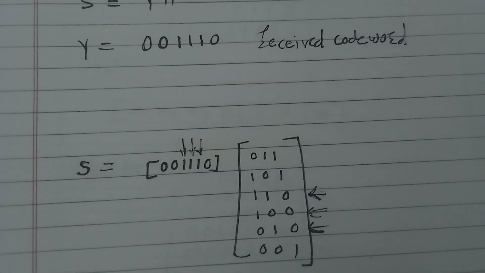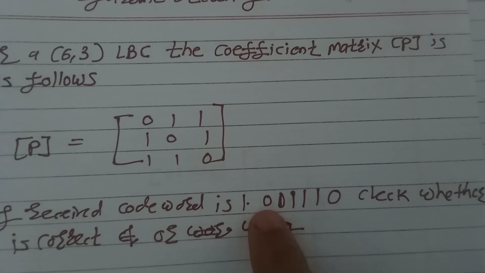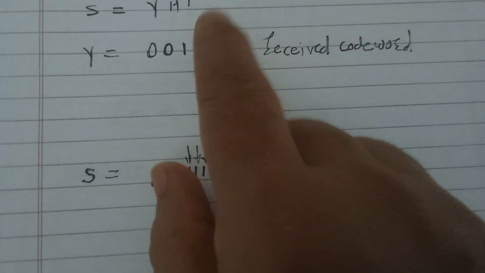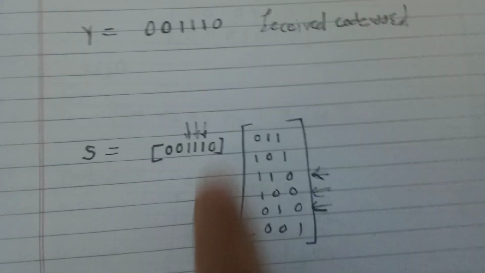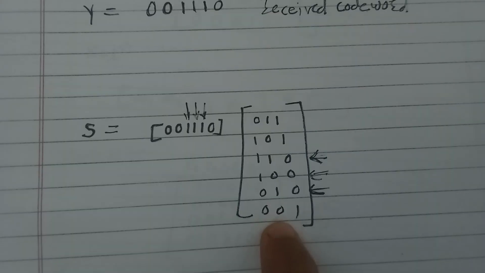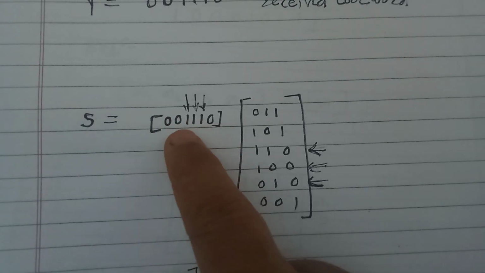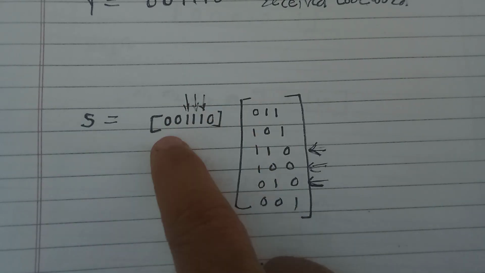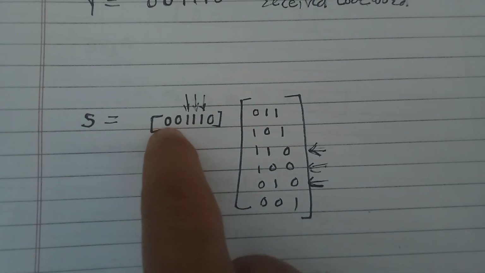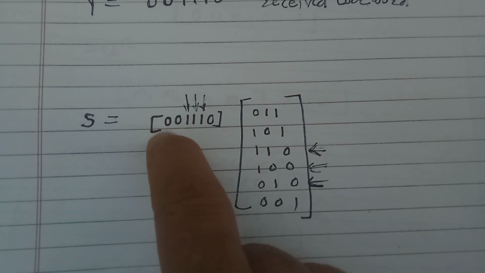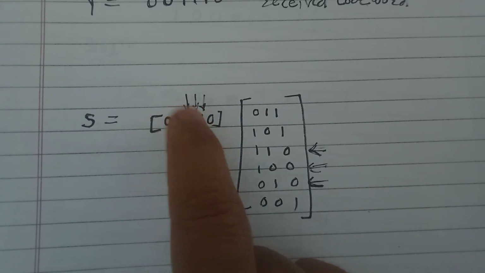After that they have given you the received code word, 00110, and this is your H^T. Here you use r to see where the ones are. From the MSB side, bit 1 and bit 2 are 0.